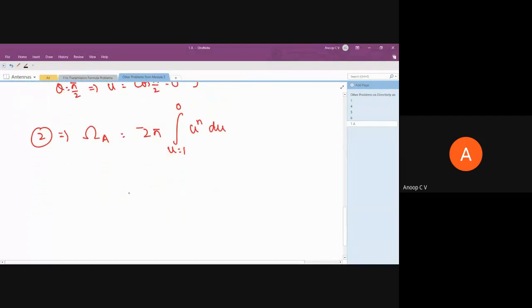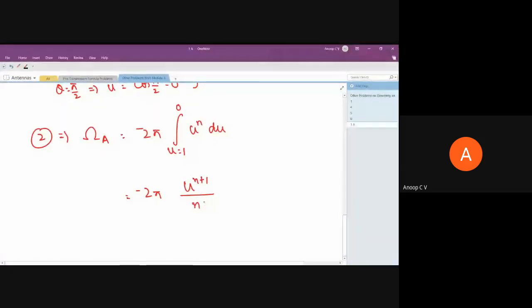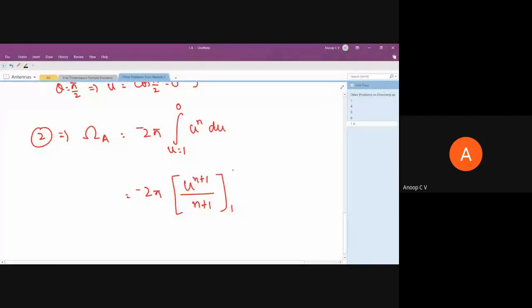So now I can write this is equal to minus 2 pi times integral u power n, which is nothing but u power n plus 1 divided by n plus 1, with lower limit 1 and upper limit 0.